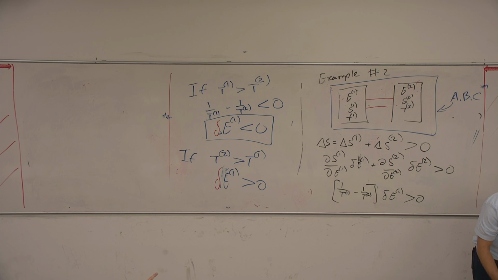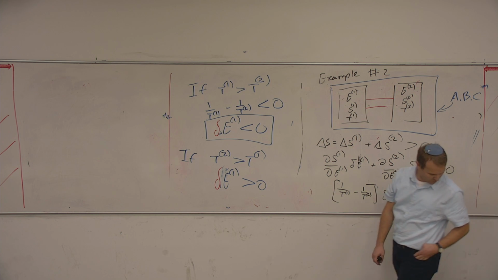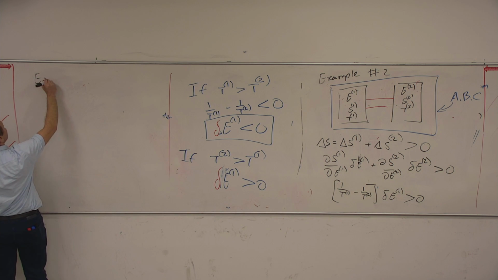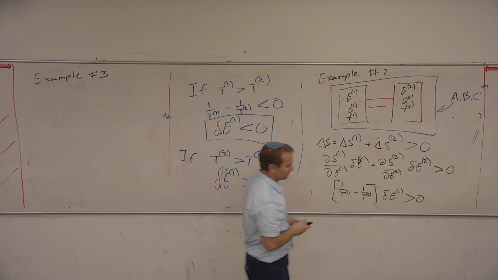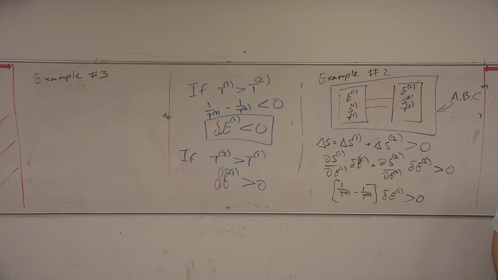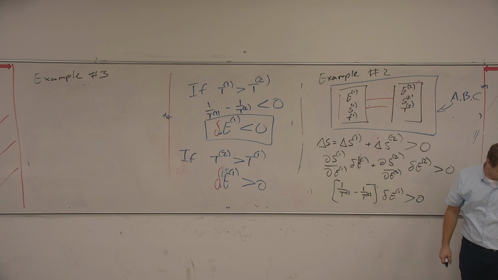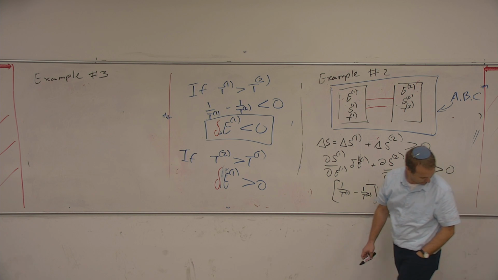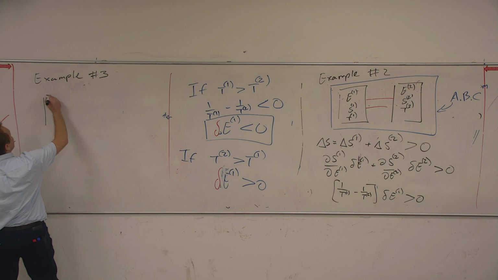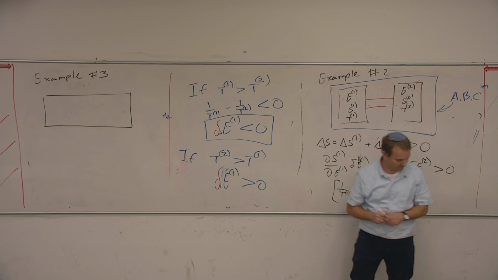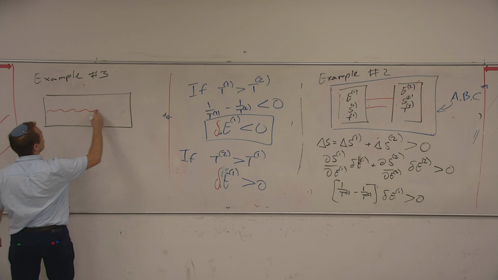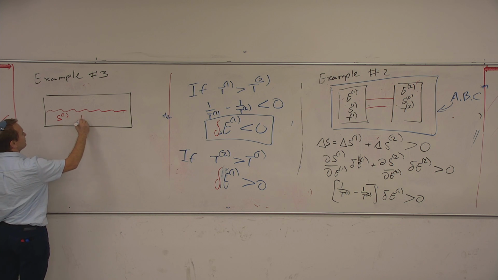Let's assume that I have two systems in contact: S1, V1, and N1.